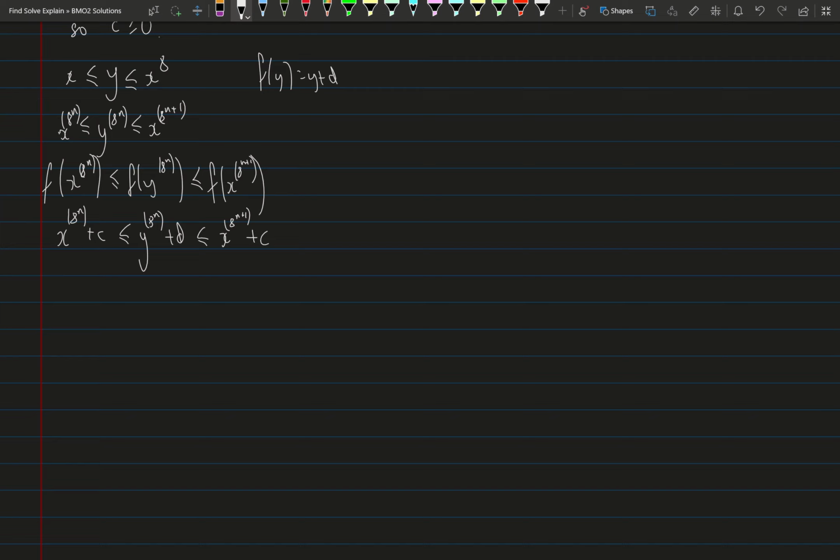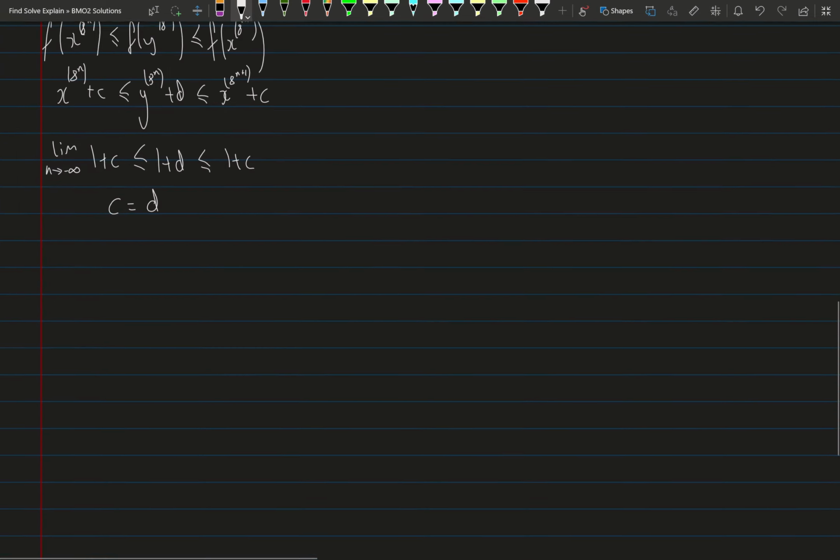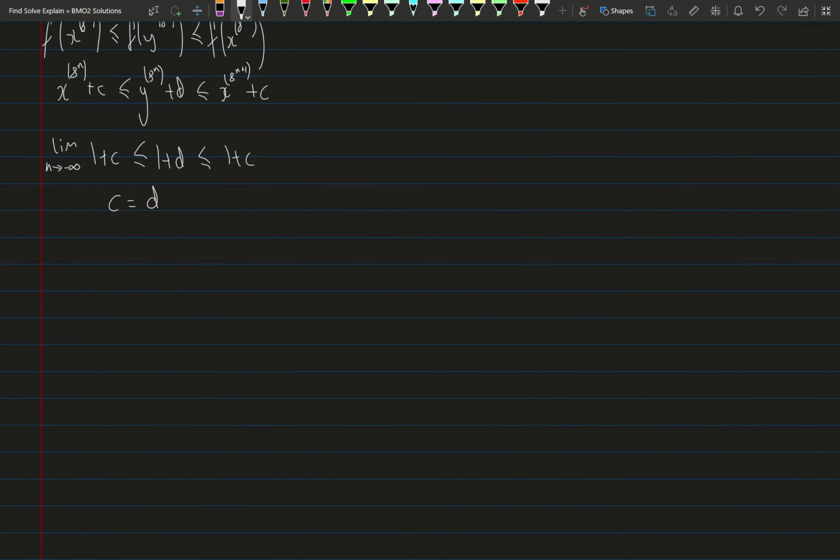And for the limit as n goes to negative infinity, we get 1 plus c is less than or equal to 1 plus d, which is less than or equal to 1 plus c. And clearly from this set of inequalities, c must equal d. So f(x) equals x plus c, and that's the only definition of the function for some value of c.